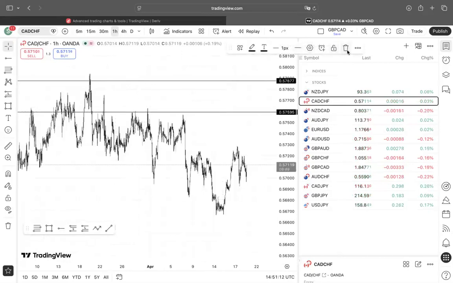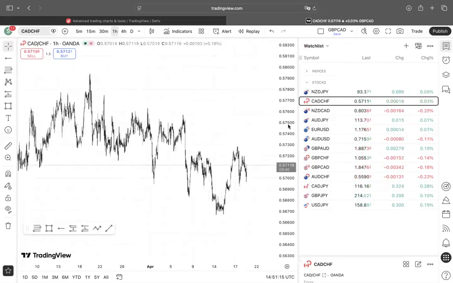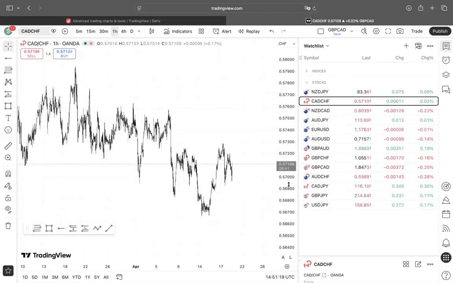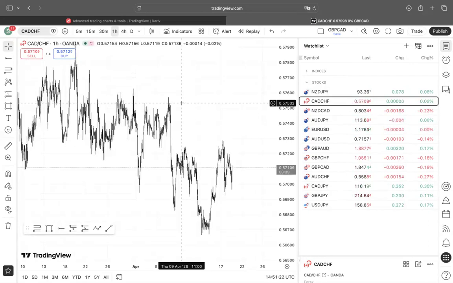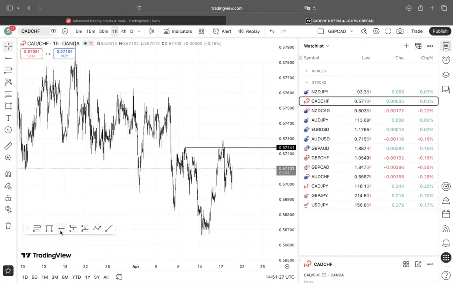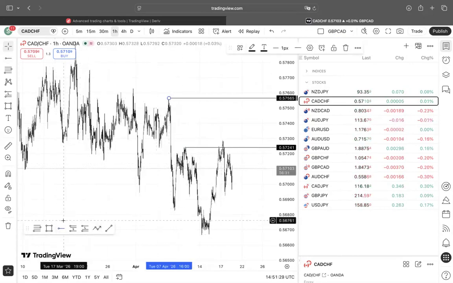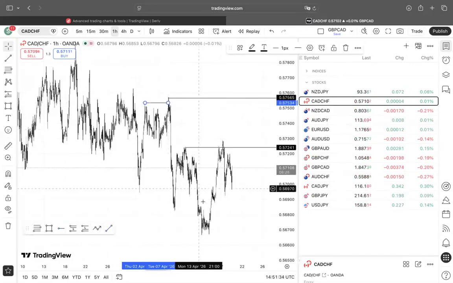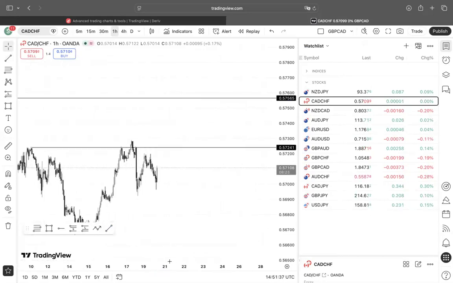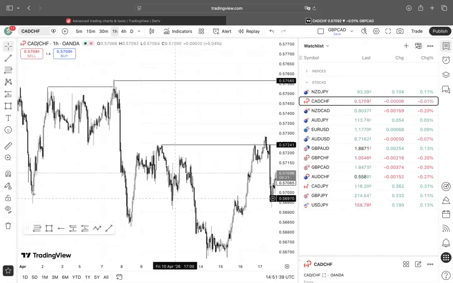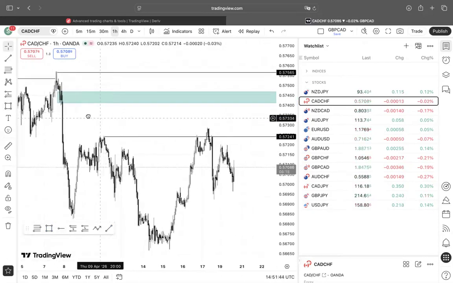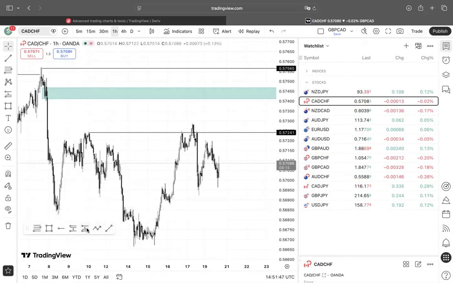So let's remove this. We already know where price is coming from and where price is going to. So we have something like this, and this. Price has to come into our supply zone and then boom to the downside.